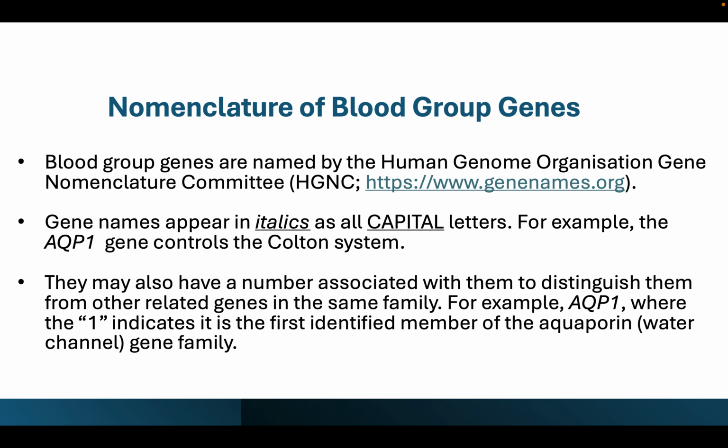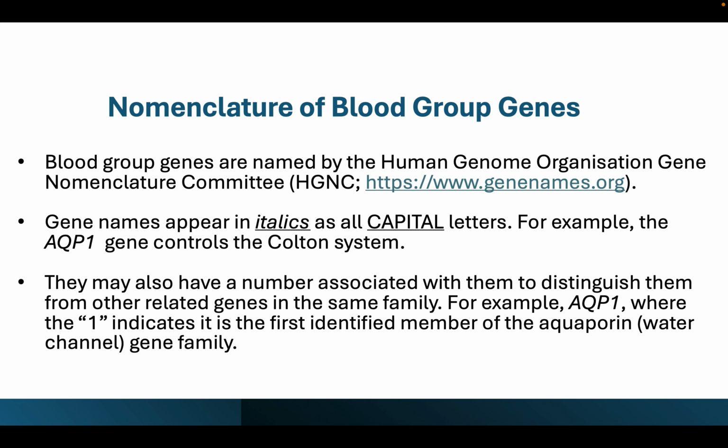Now, nomenclature. How we name the gene, how we name the mutation, how we, for example, determine the location of the gene, this is the responsibility of the committee called the Human Genome Organisation Gene Nomenclature Committee.